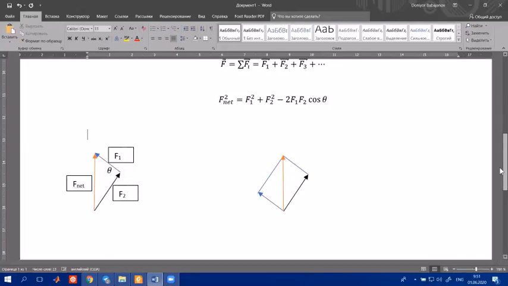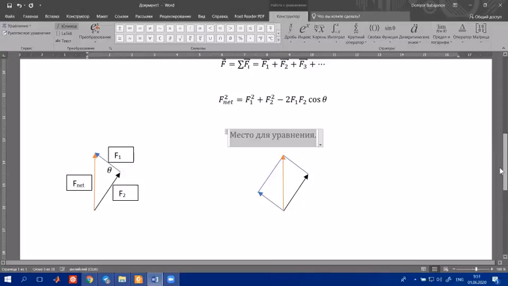So another way is to add the components of vectors. Each vector can be written in Cartesian system of coordinates. For example, vector F net or vector F1 or vector F2 can be written in components.